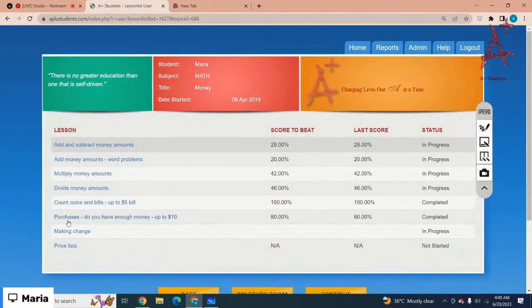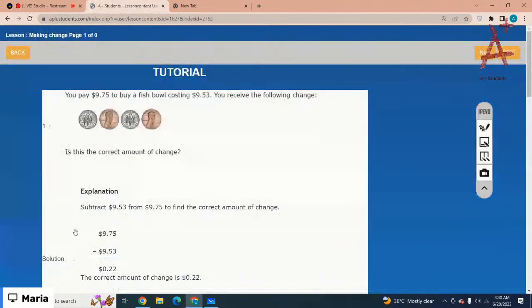Okay, the next one is making change. You have $9.75 to buy a fish bowl costing 9.53. You receive the following change. Is this the correct amount of change? So you pay 9.75.